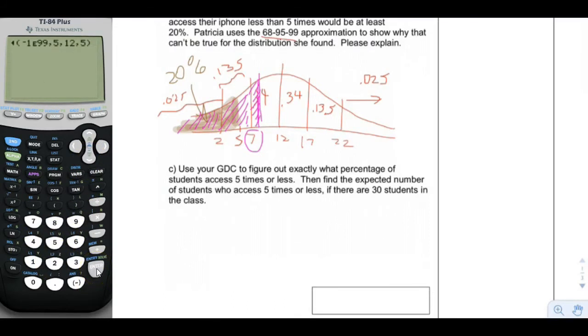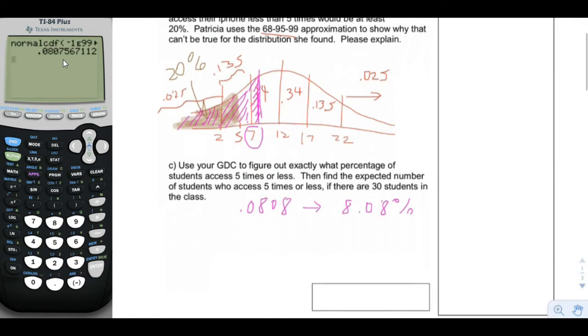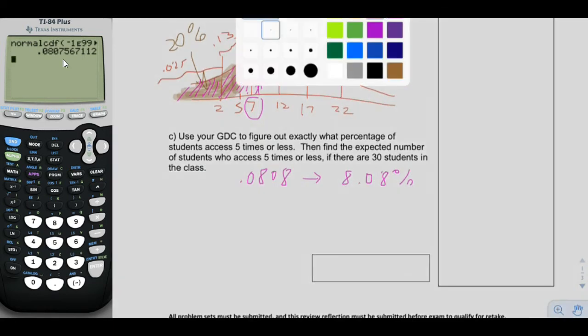The answer is 0.0808, and the percentage is 8.08%. Then find the expected number of students who access 5 times or less if there are 30 students in the class. So we know that it's 8% of the students, and they tell us the total number of students, 30.